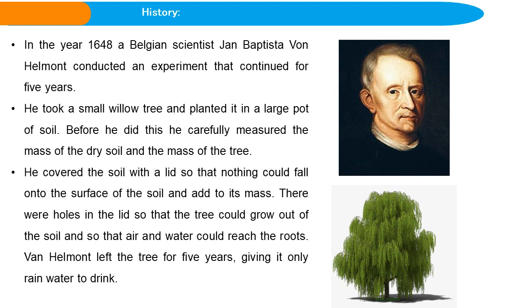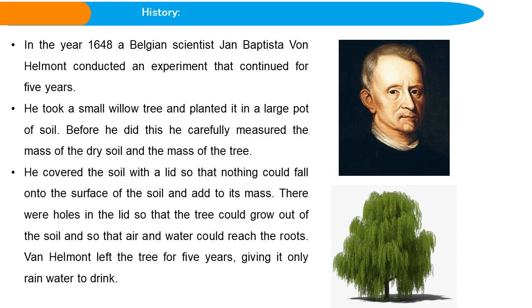But later it was proved wrong by the scientist von Helmont. In the year 1648, a Belgian scientist, John Baptist von Helmont, conducted an experiment that continued for 5 years.